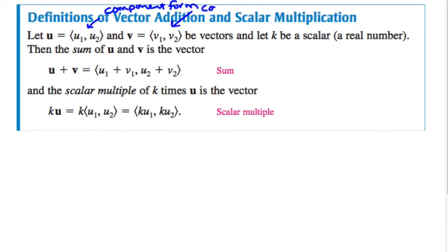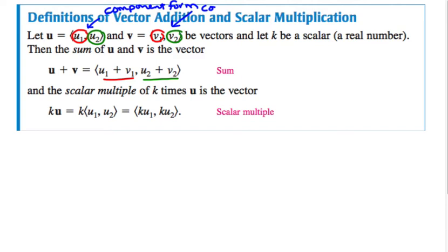If you want to add these two vectors together, you would add u1 and v1 together. Then you would add u2 and v2 together, and you would get a new component form for the sum.